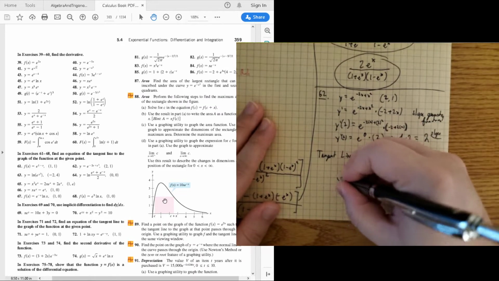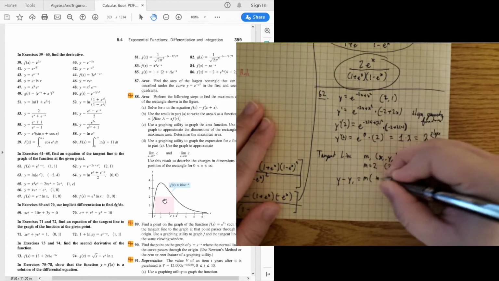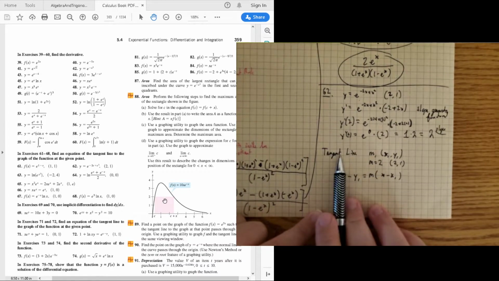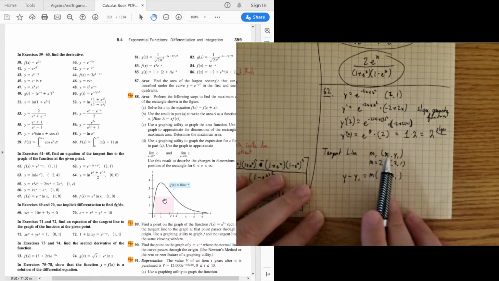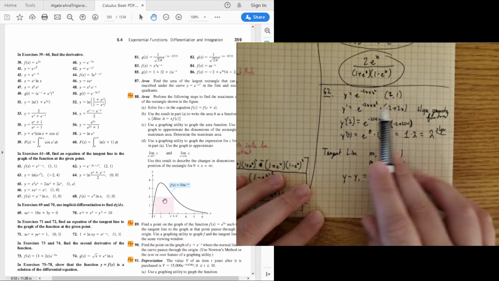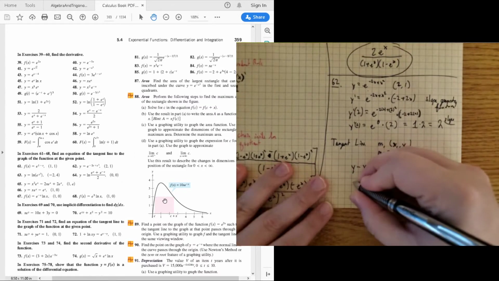I would do y minus y1 equals m parentheses x minus x1. Remember, to find the tangent line, which is what the instructions stated, I need to find the slope at that point, and I need a point to work with. I found the slope generating function first, then I plugged in that point and got the slope. Now that I have the slope and the point, I can plug in here, and I should be finished.